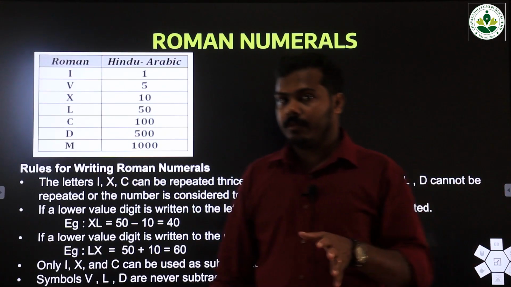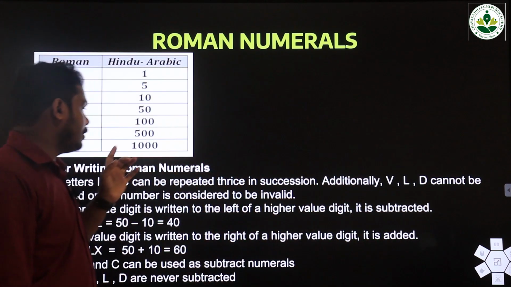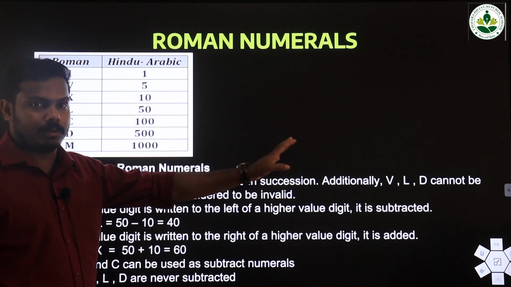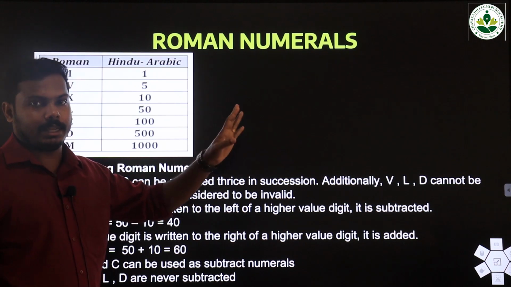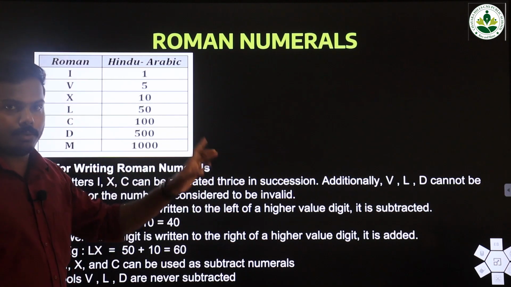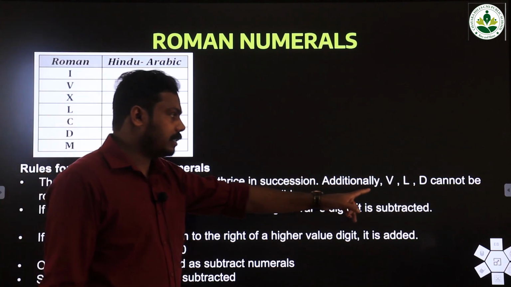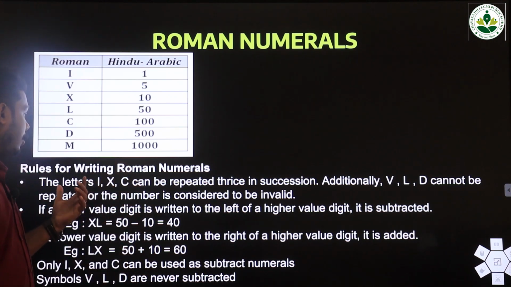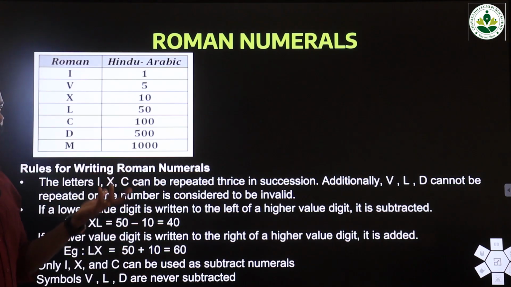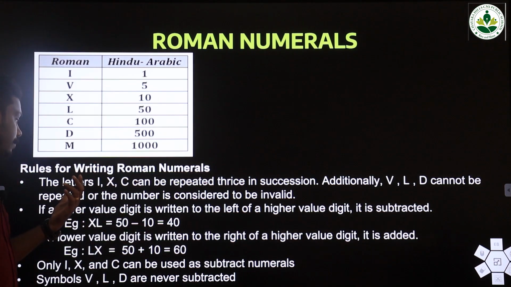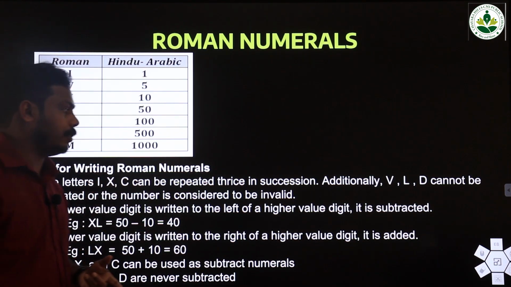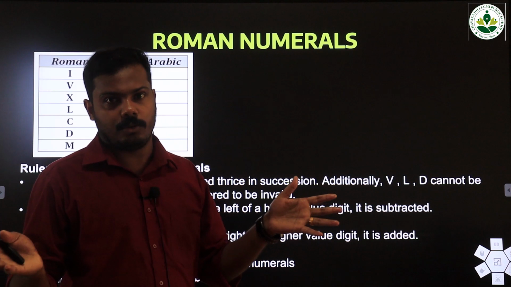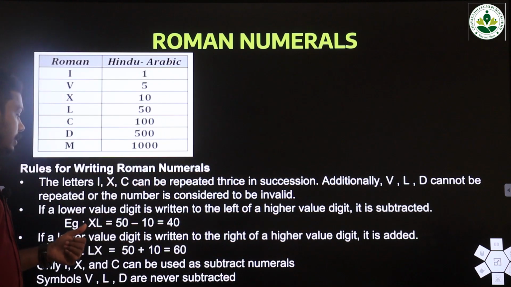We can repeat these numbers 2 or 3 times only, not 4 or 5 times. Additionally, V, L, D, that is 5, 50 and 500, cannot be repeated. If we repeat those numbers, the number is considered invalid. It has no value.